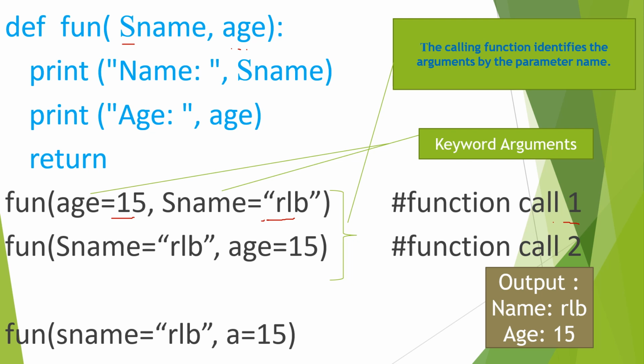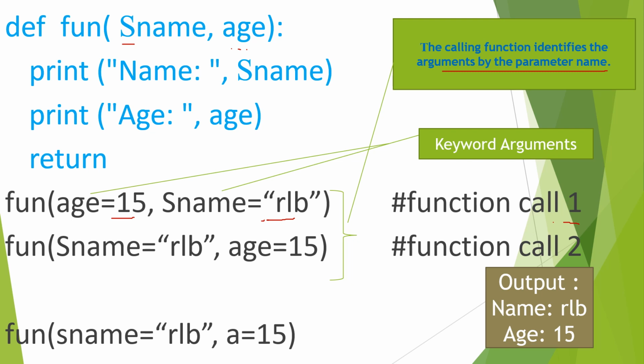In function call 2, the argument order is varying. Here I have used first the sname and then the age. But both function calls will give us the same result because the function call identifies the argument by the parameter name, not by the position.